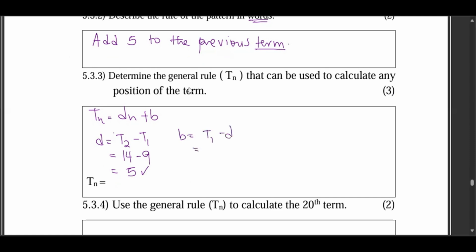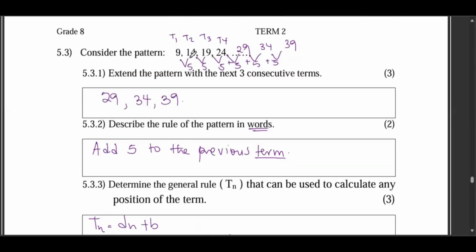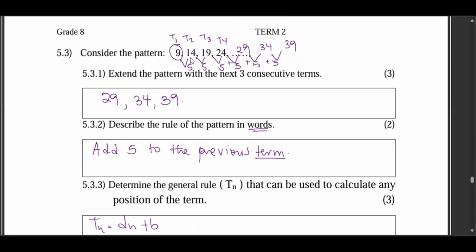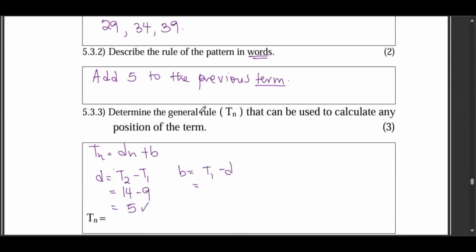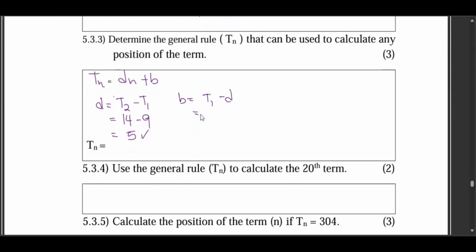Remember, this is our term 1, and this was our term 2. So term 1 is 9. So we shall say 9 minus 5. So our b is 4. Good to go. So our Tn is complete now.